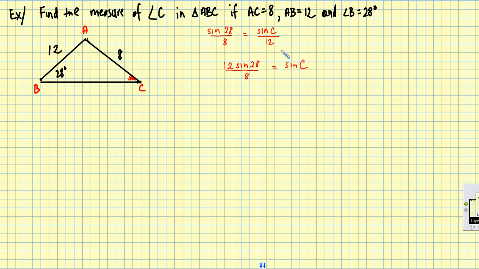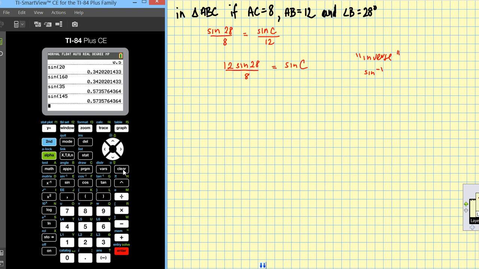Now, because I want an angle measure, it's obvious that I have to do an inverse. So it's going to have to be sine inverse when I look for a measure of an angle. It's sine inverse, cos inverse, or tan inverse, depending on what formula you're using. So I'll do 12 sine of 28, and then divide that by 8.